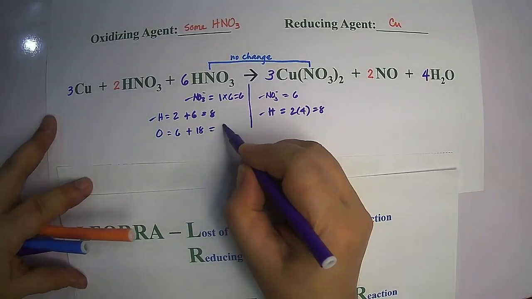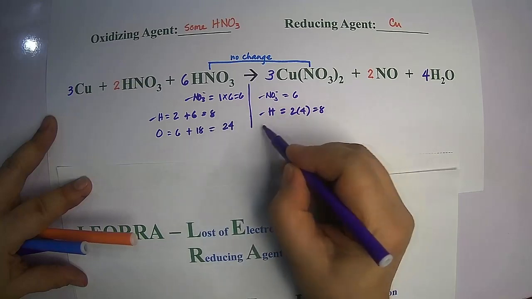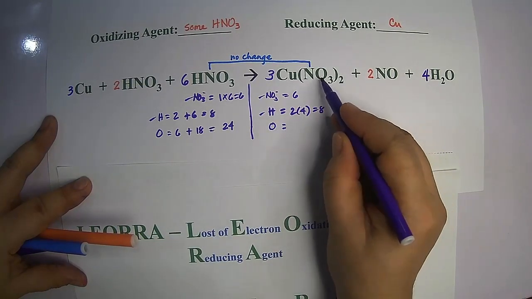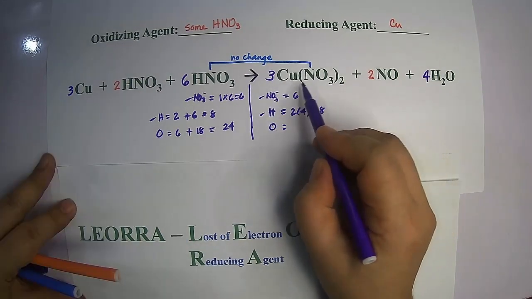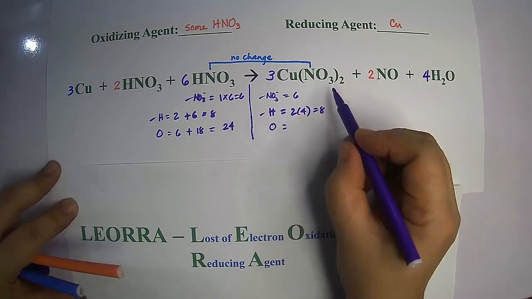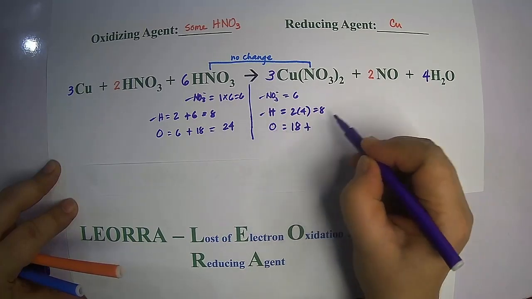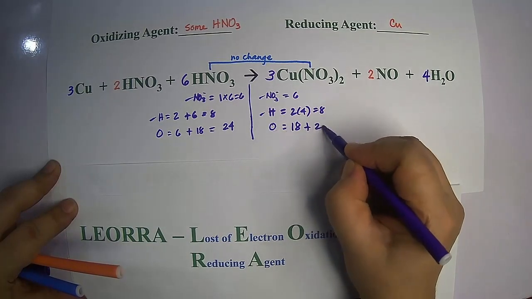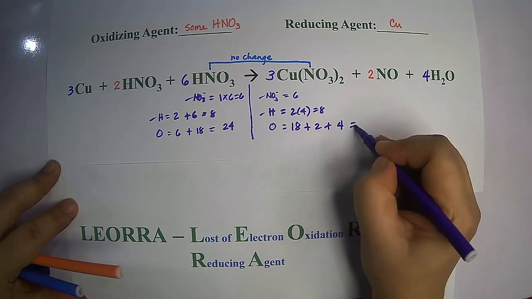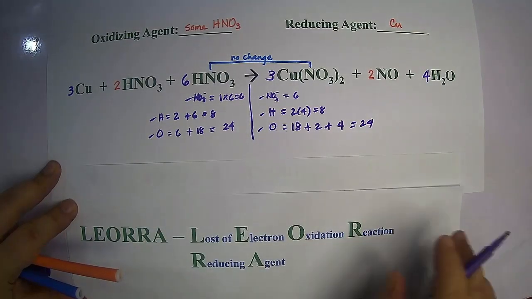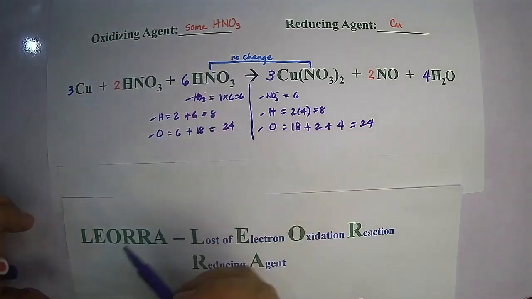And that gives you 24. On the other side, for oxygen, you have 6 times 3, that is 18, 9 times 2 plus 2 plus 4. And that gives you 24. Okay, balanced.